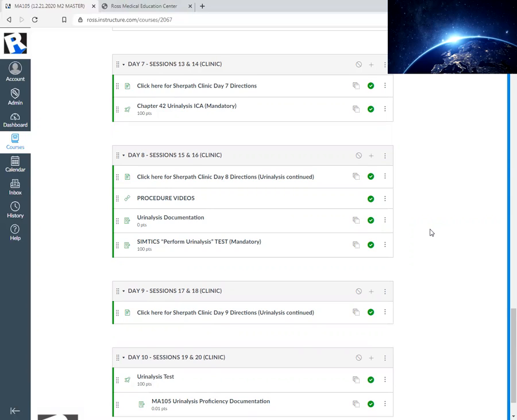Fill up your whole centrifuge with urine samples. That way they're all spun quickly, and then it's just a matter of them pouring off the supernatant fluid, collecting the sediment, staining, and putting it on the slide for you to see. So that seemed to work out really well for my large classes.